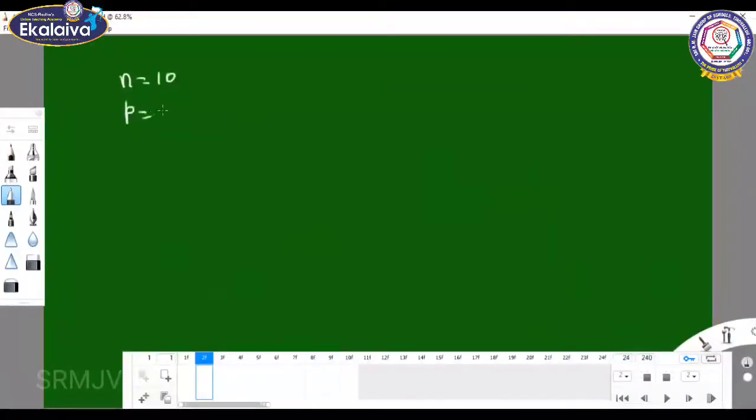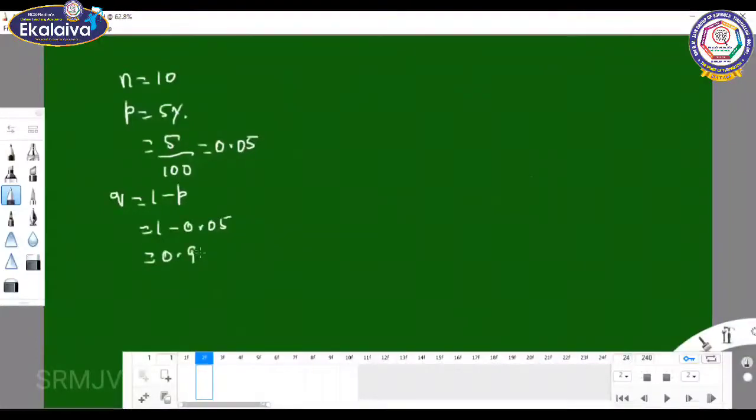It's nothing but 5 by 100, equal to 0.05. You know very well what the value of q is. q equal to 1 minus p, 1 minus 0.05, it gives 0.95. q value is 0.95.